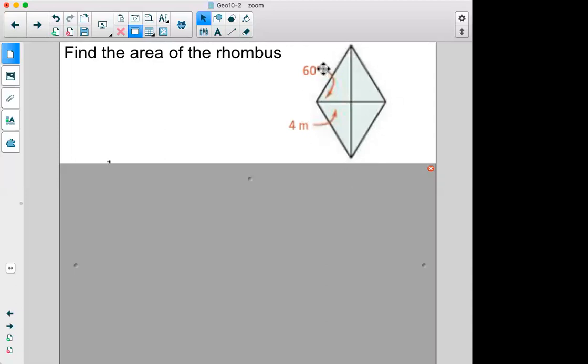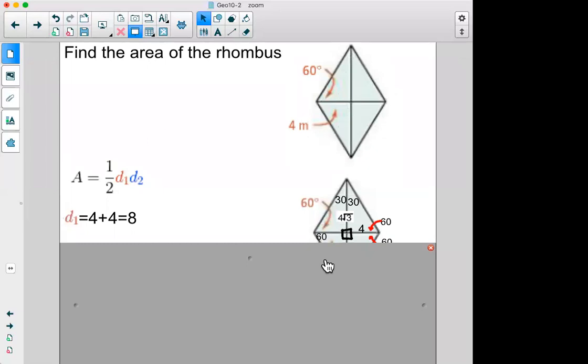It's a rhombus, so we know that all these 4 angles will be 60, and all 4 of these angles will be 30 because the diagonals are perpendicular. We know that it's a parallelogram, so the diagonals bisect each other. So if that's 4, that's 4. So this diagonal is 8. But we've got to figure out what this length is.